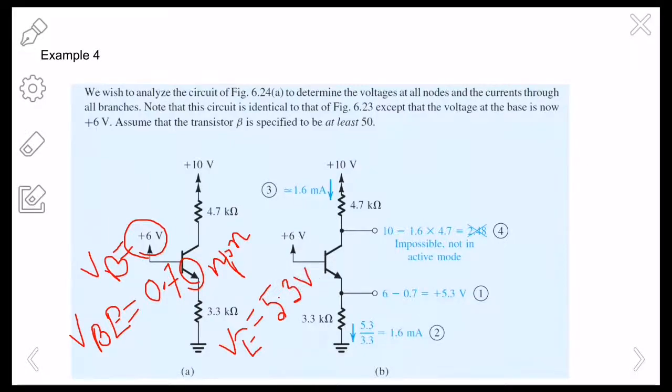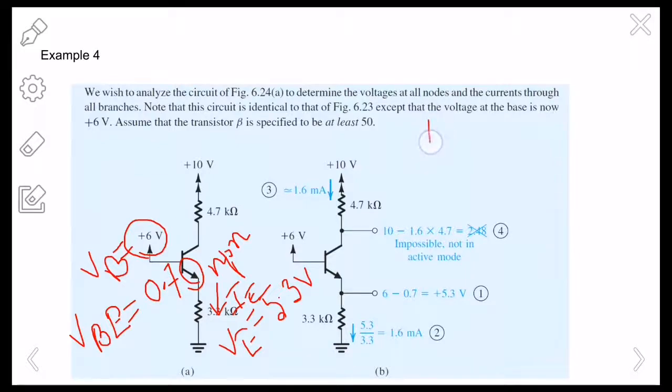So I have found the value of VB, that is 6 volt, and VE is 5.3 volt. Easily I can find the value of this current, that is the emitter current IE. IE is very easy to find.